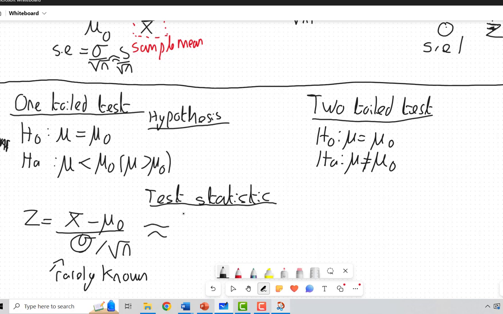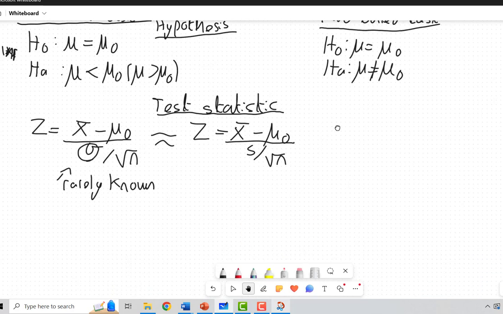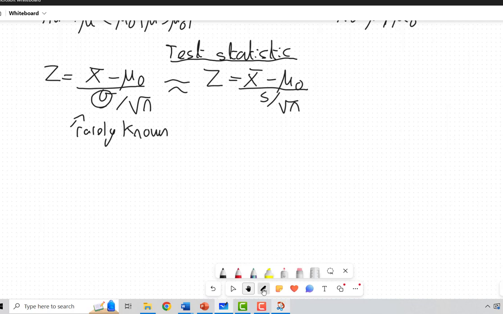So we'll do Z equals X bar minus mu 0 all over S over root n. And now we define our rejection region, where we reject the null hypothesis.